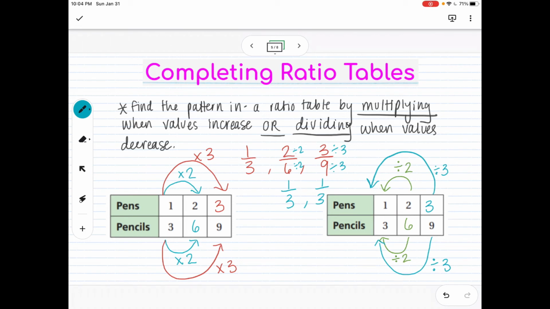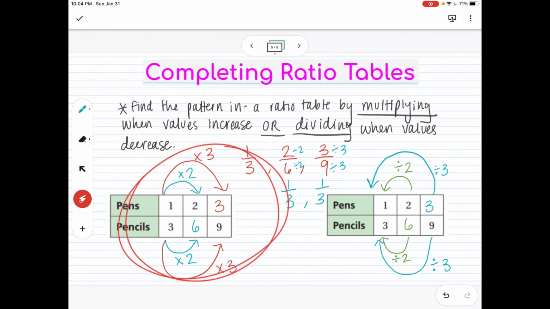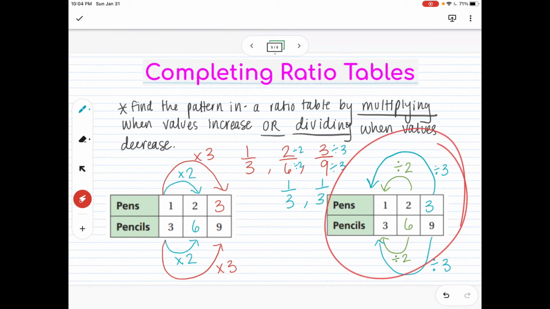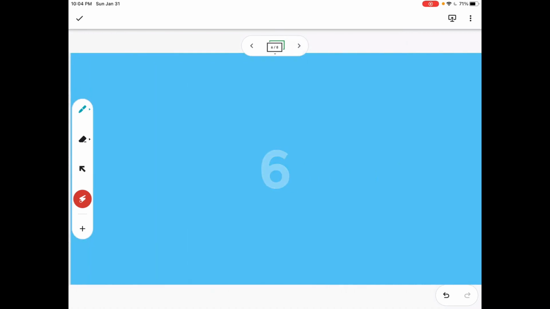All right, so I'm showing both processes. Typically, multiplication would be the more popular one, but just so you know, it's the same as using division backwards. All right, so that is how we complete ratio tables. Another example, another strategy you can use to solve ratio problems.